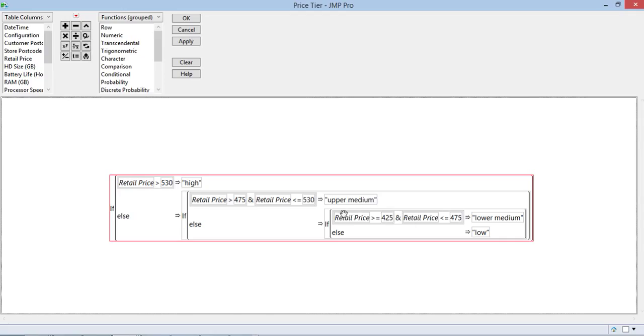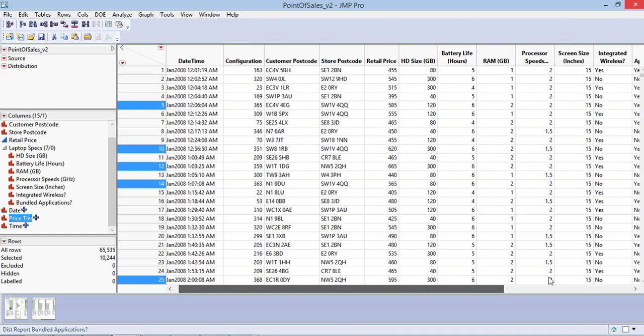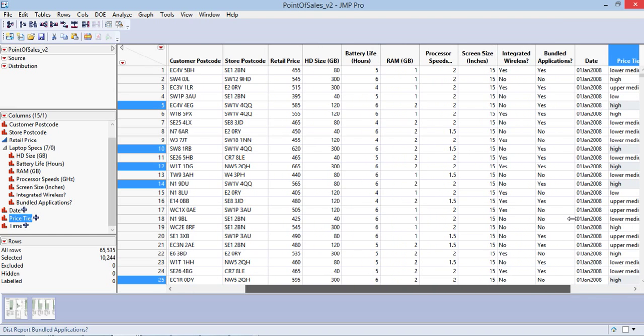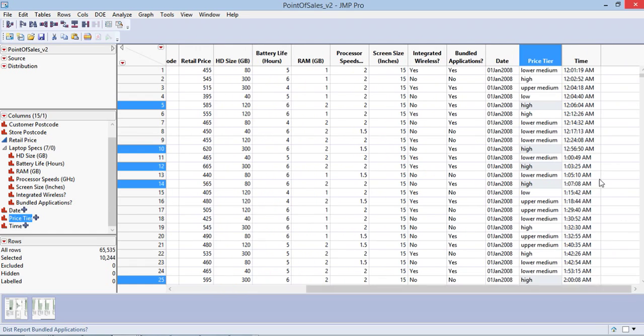Else, if the retail price is more than or equal to 435, which is the Q1, and less than the Q2, it is considered as lower medium, and otherwise it will be considered as low price tier. So after applying this formula, we can get a new column with all this price tier information.